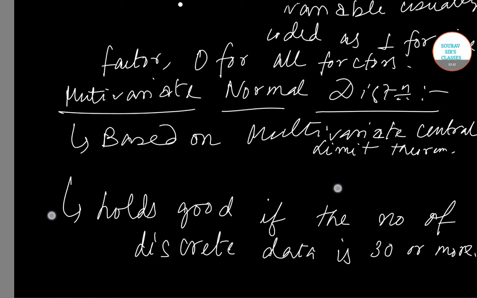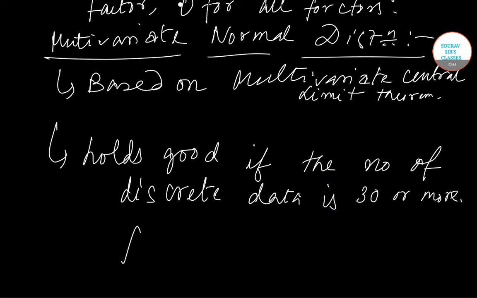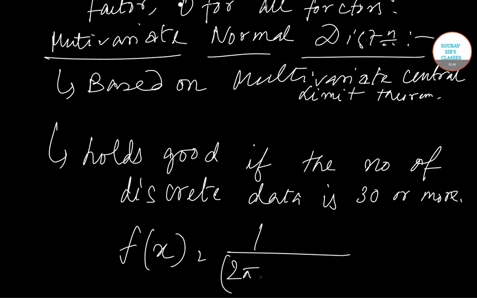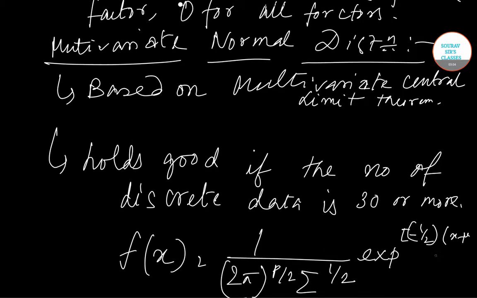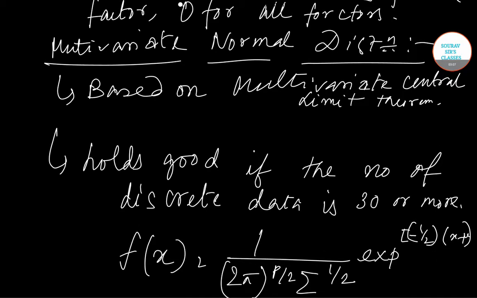The notation of this PDF will be f of x is equal to 1 by 2 pi to the power p by 2 sigma to the power half, exponential of minus half multiplied by x minus mu complement sigma to the power minus 1 x minus mu.